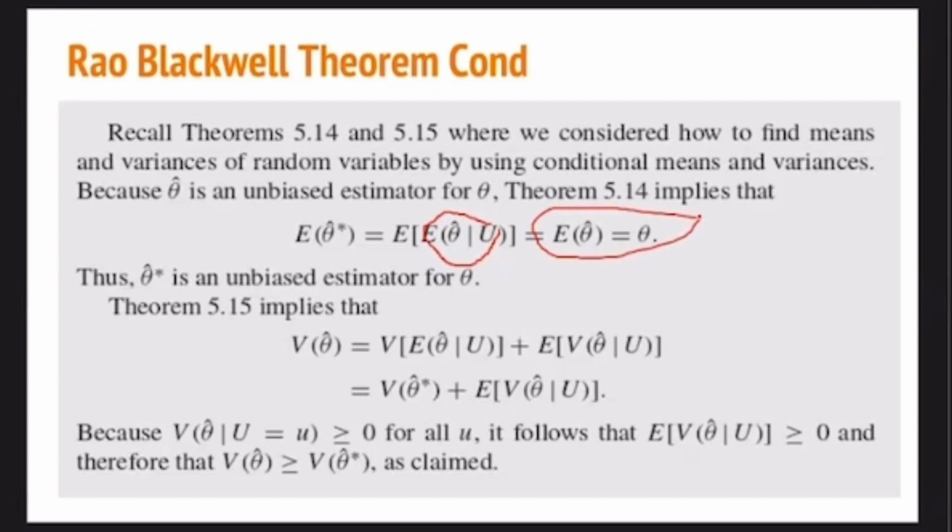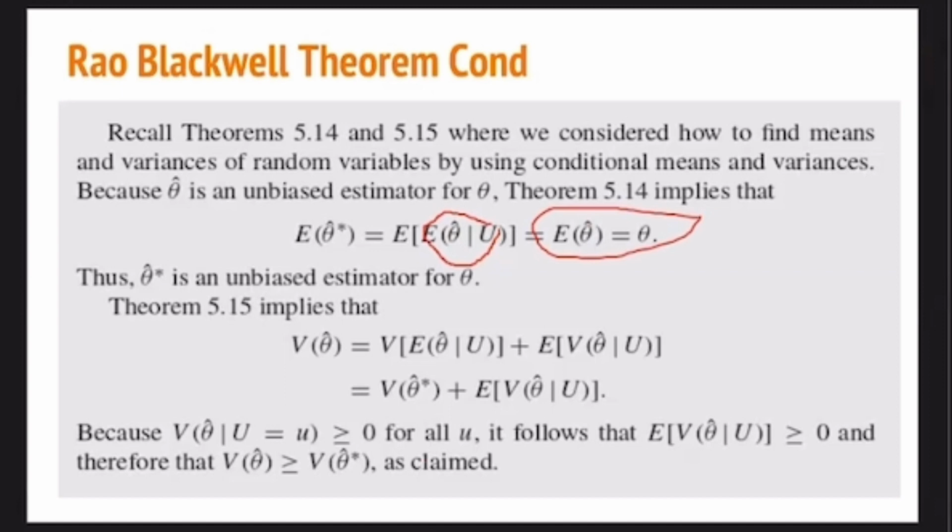Therefore, we've been able to show that theta cap is unbiased. Not only that, theta cap is an unbiased estimate for parameter theta. Not only that, the function of the sufficient statistic is also unbiased.